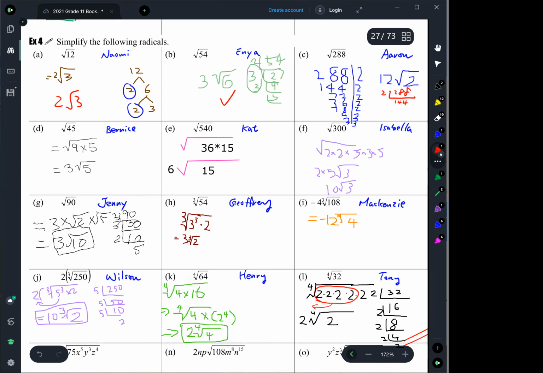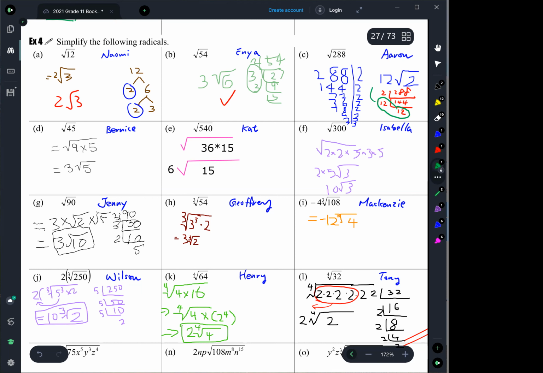If you're familiar with perfect squares, the moment I see 144, I remember it is 12 times 12. What we want is a perfect square, so if you can recognize some perfect square numbers, you can use that. So 144 is a perfect square, and right away you get a pair of 12.